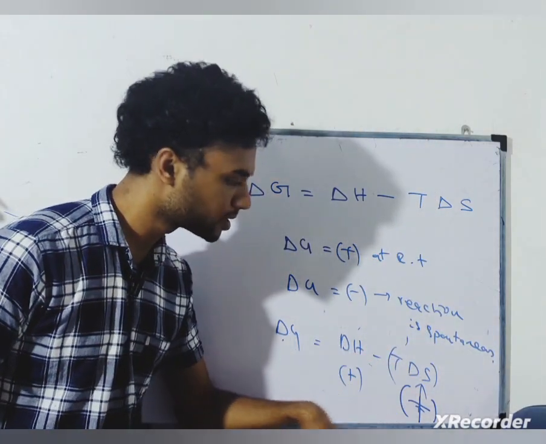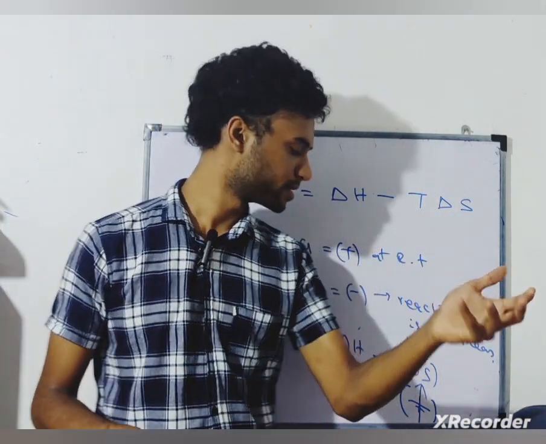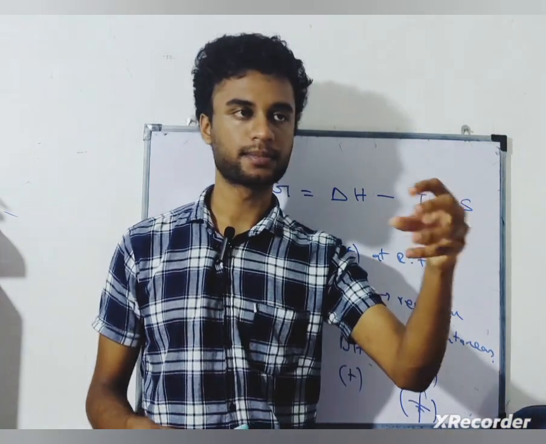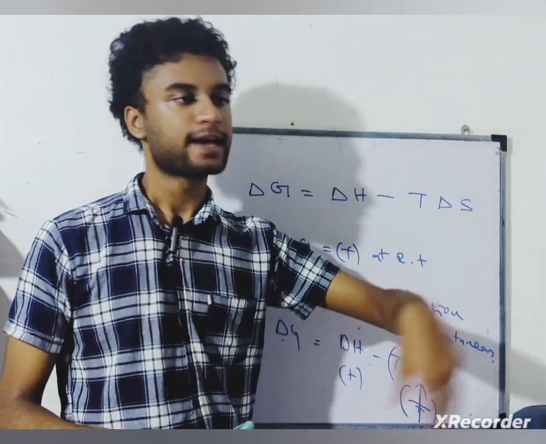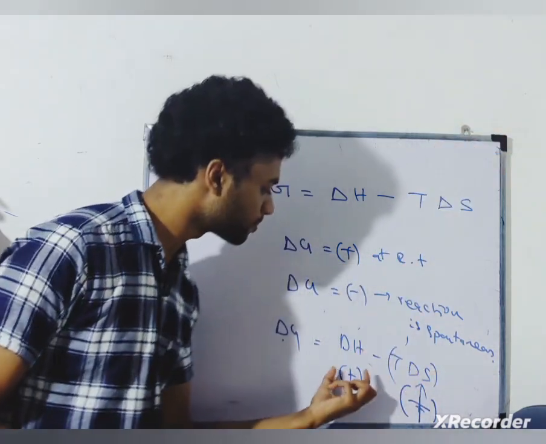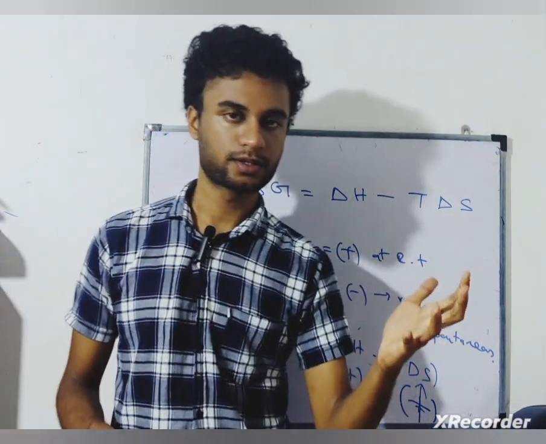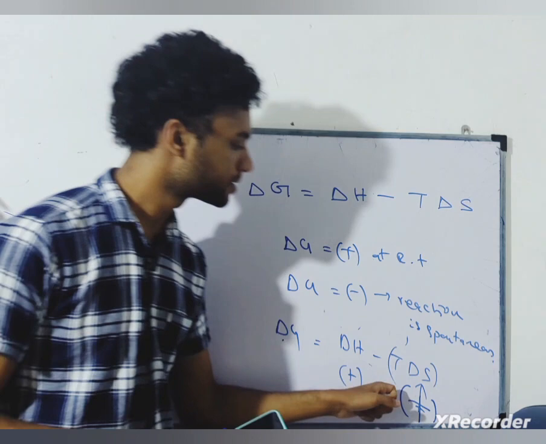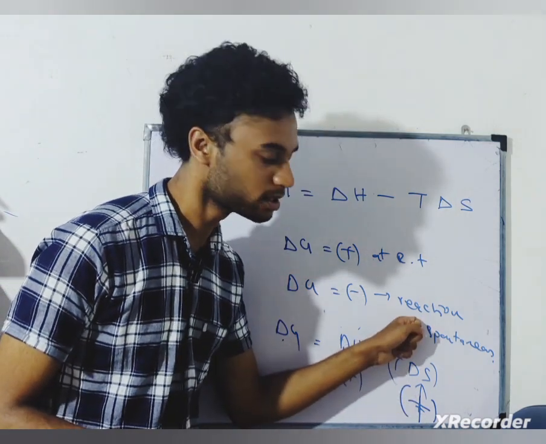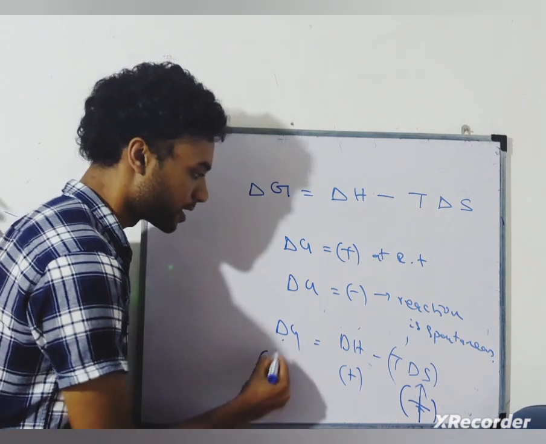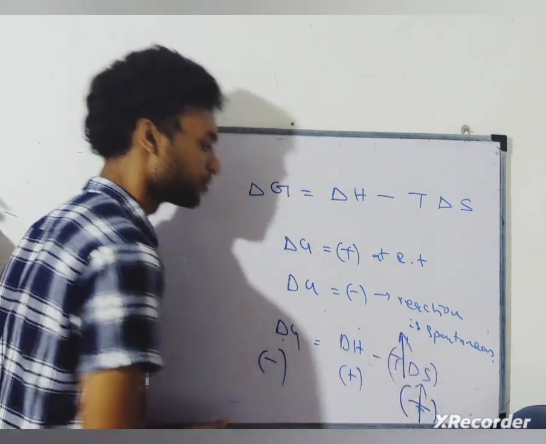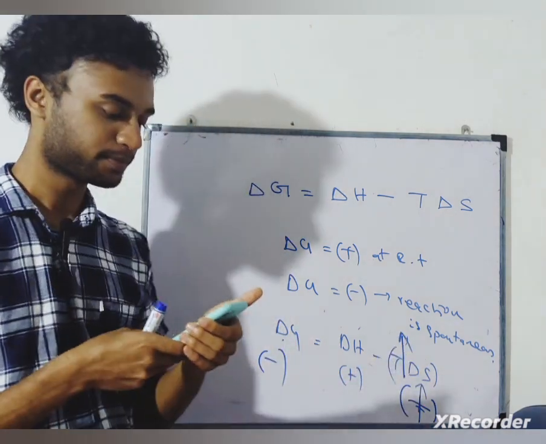Then minus T delta S becomes a large negative value. Then that negative value will exceed the magnitude of the positive value of delta H. Then can you understand at a higher temperature, delta G can be negative?